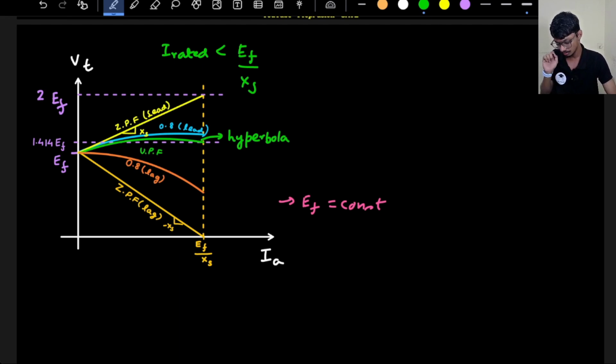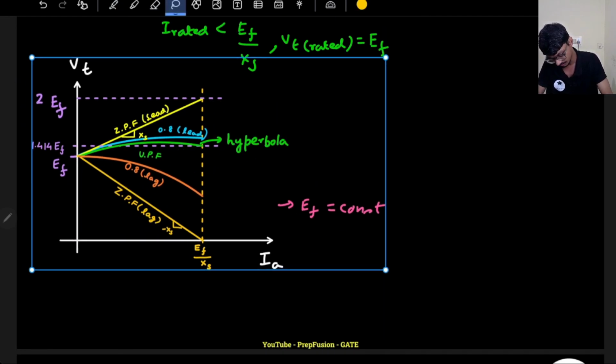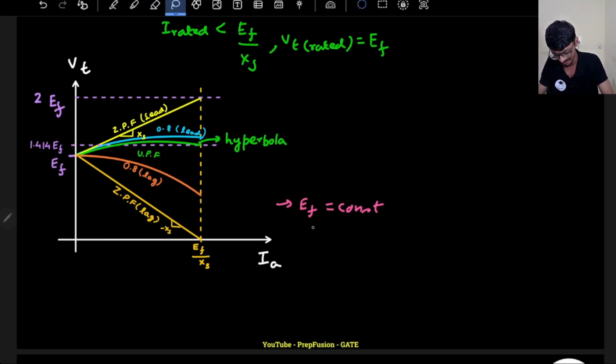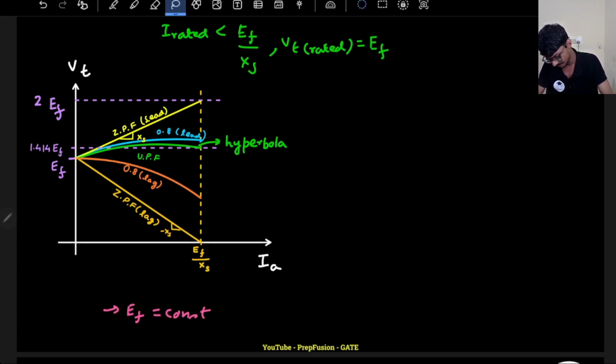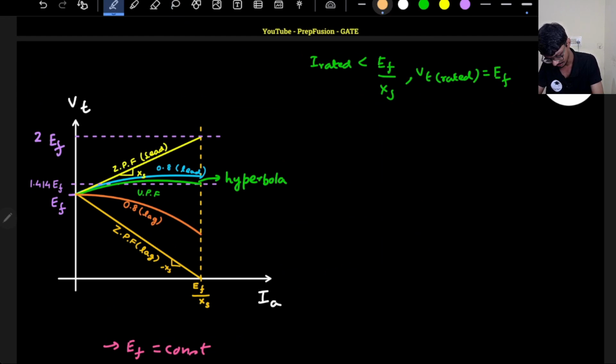So I will assume that the rated current will be less than the short circuit current, that is when the terminals are shorted. Also, let me assume VT rated will be Ef. Don't worry, all this will be given to you, and if it is not given, you assume these values. Now, if I want to plot this same graph in per unit, how can I draw it? Because you will get scared, right? I don't want you to get scared. So I will write here, this is actually the external characteristics.